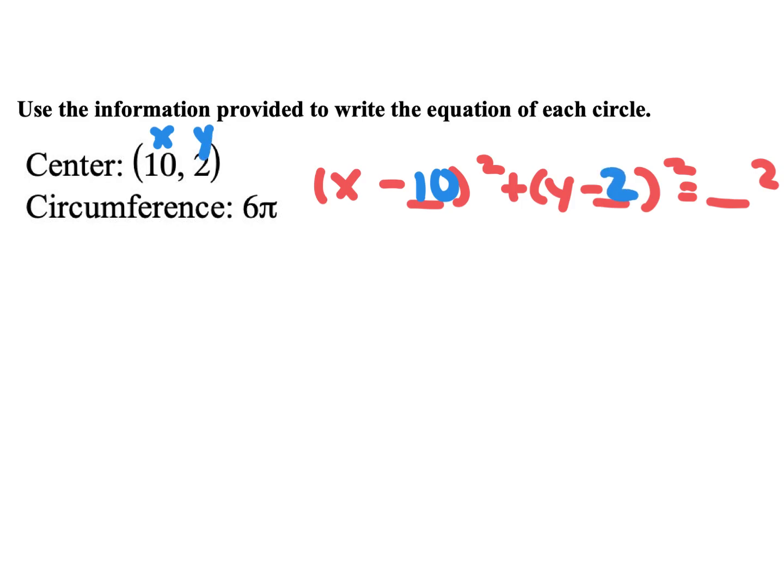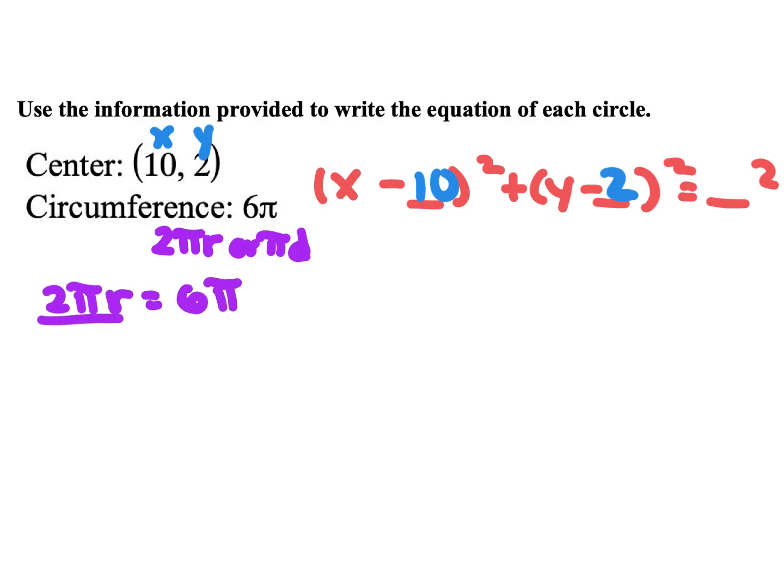And we don't know the radius, but now I know the circumference, which is either 2 pi r or pi times the diameter. Now if I set 2 pi r equal to 6 pi, I would divide both sides by pi, which gives you 2r equals 6. So I get that the radius equals 3.